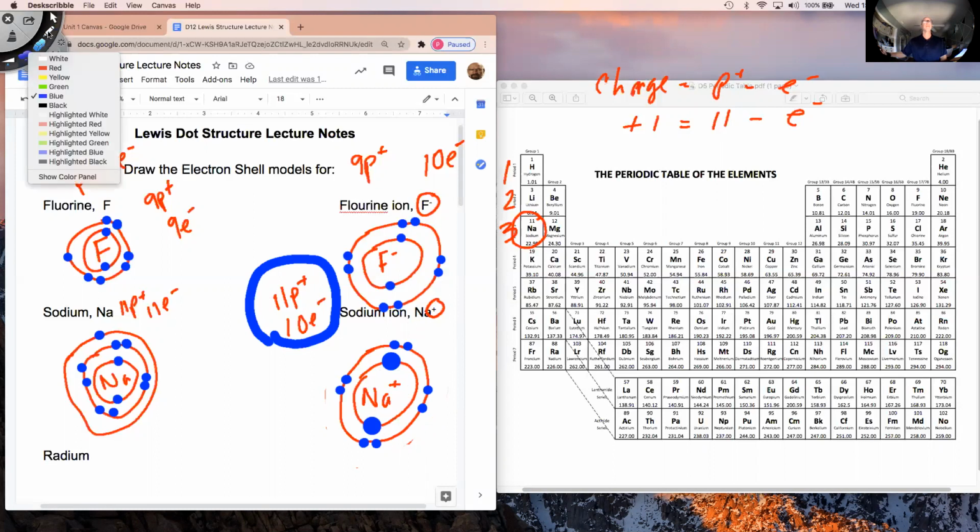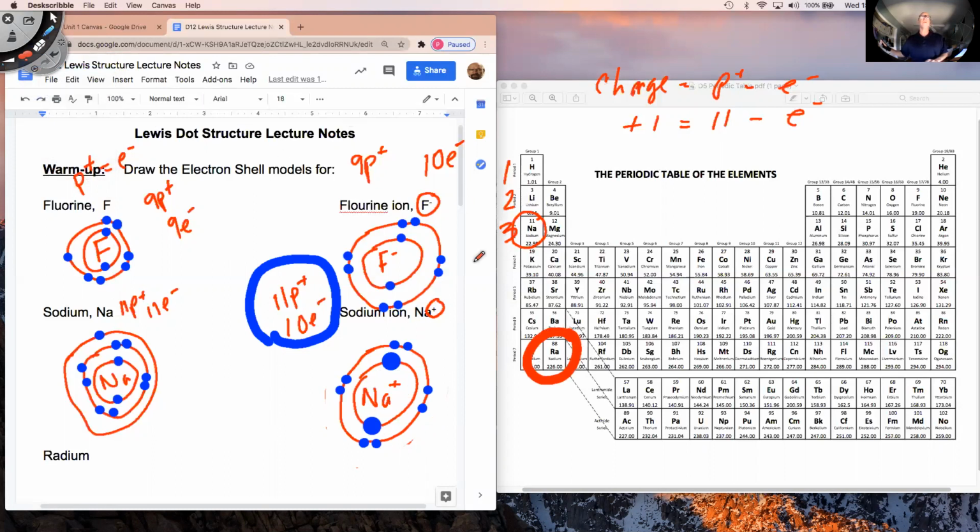All right, now let's take it to the next level and draw radium. Radium is down here, element number 88. So we have 1, 2, 3, 4, 5, 6, 7 shells on radium.